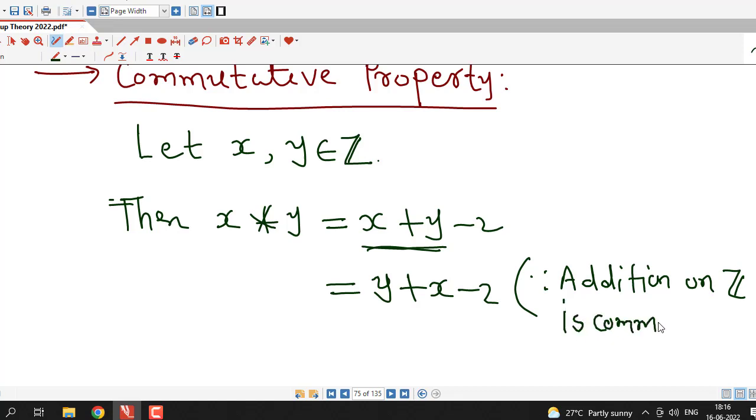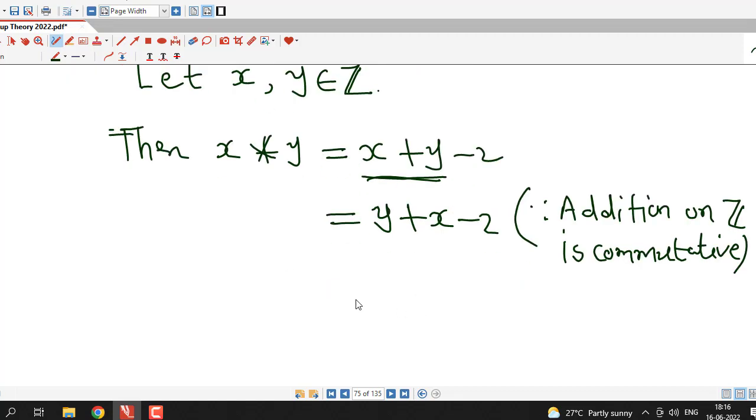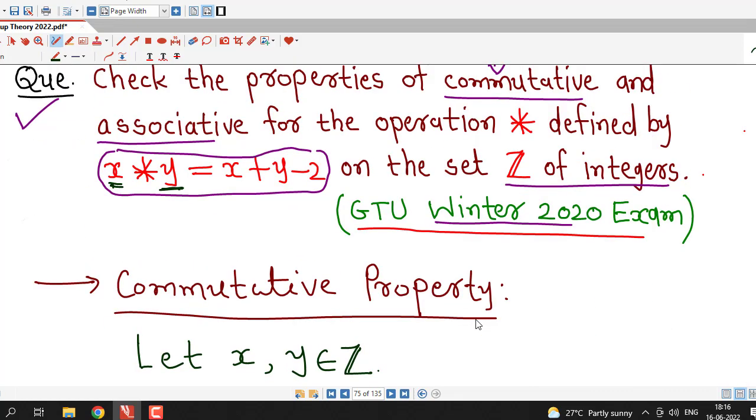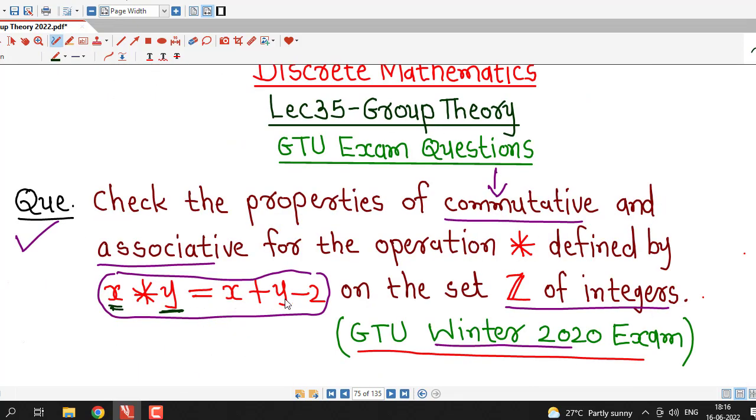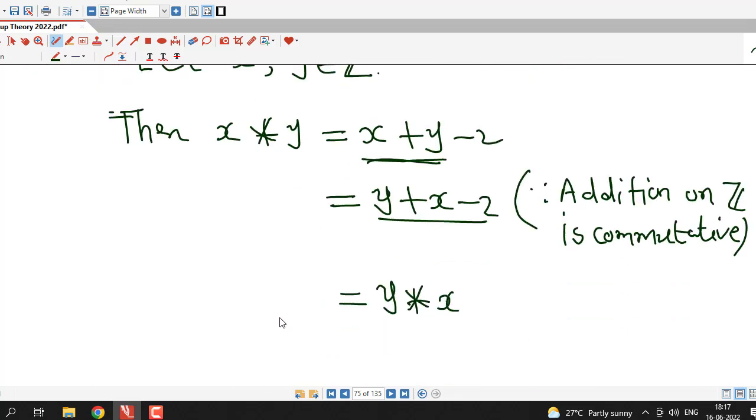We know that x plus y equal to y plus x for any two integers x and y, and by the definition of the given binary operation this is equal to y star x. Our operation is x star y equal to x plus y minus 2. So if I am writing y star x, then here I will write y plus x minus 2. Therefore I have replaced y plus x minus 2 by y star x.